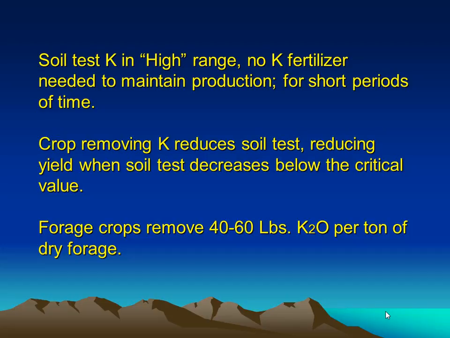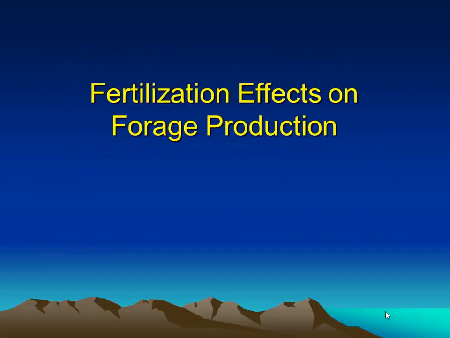Now, phosphorus is needed to run the energy cycle. Potassium is needed by the plant to translocate those sugars to storage organs. Potassium is also required to control water movement in and out of the plant. So if you don't have adequate potassium, your plant's just not going to function right.